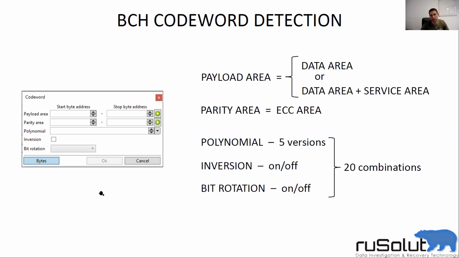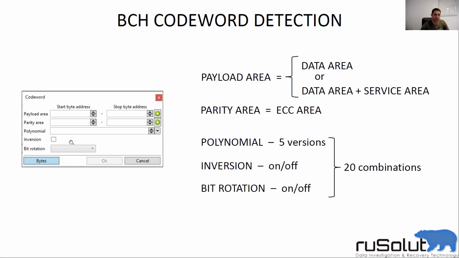So sometimes it's necessary to invert data before ECC correction and then invert it back, or to do bit rotation. So it's like data preparations for BCH correction only. And if it's necessary, you will have here to set these checkboxes. If it's not necessary, you just skip it untouched.